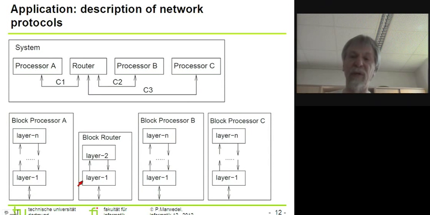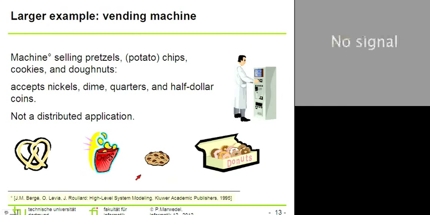A router will never analyze as many layers in the communication stack as do the different computers, which also analyze, for example, the application layer. So that was a very simple example which clearly demonstrates the usefulness of SDL for modeling communication in computer networks.